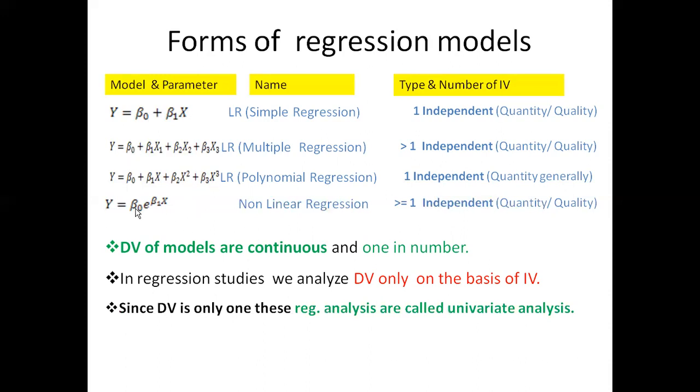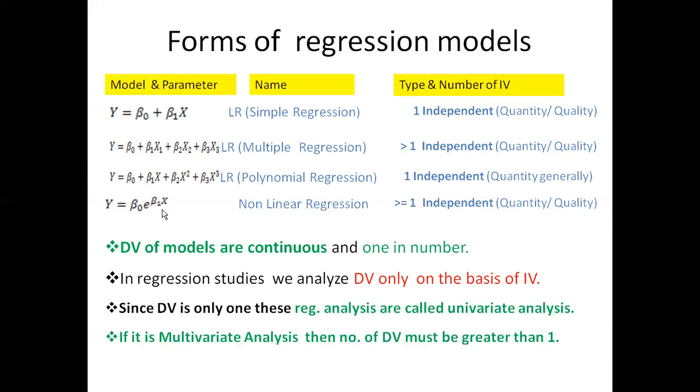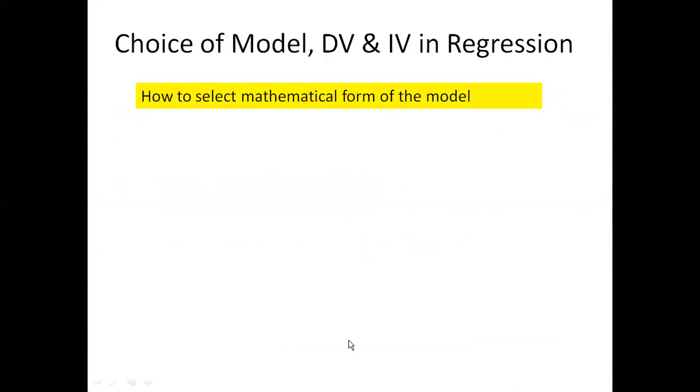All these regression analyses mentioned here are univariate analysis, not multivariate analysis. If you want to do multivariate analysis in regression, then you have to keep more than one dependent variable in the model. And in that case, your analysis will be multivariate.